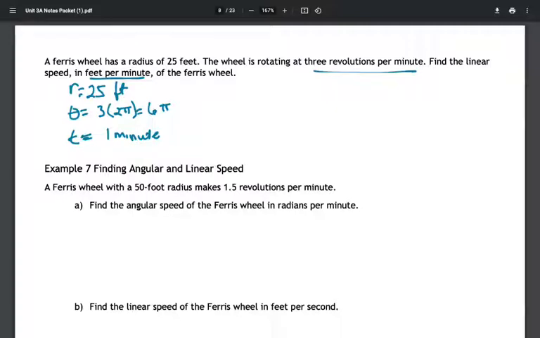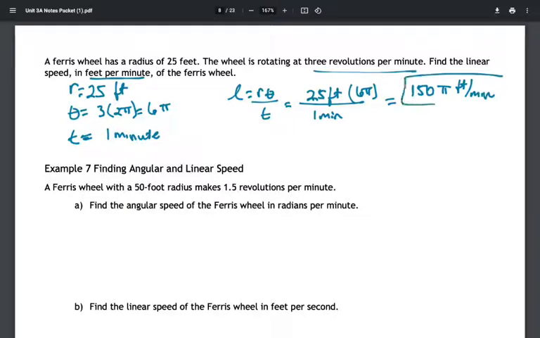So linear speed is r times theta divided by time. That's 25 feet. It takes us 1 minute to do that. 3 full circles, which is 6 pi. So if I multiply that out, I get 150 pi feet per minute.